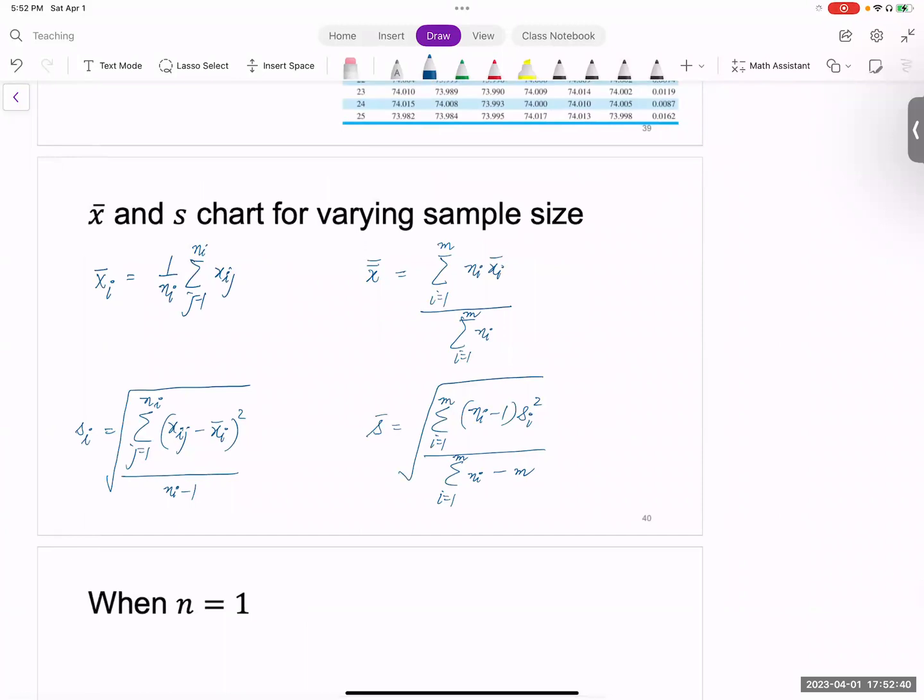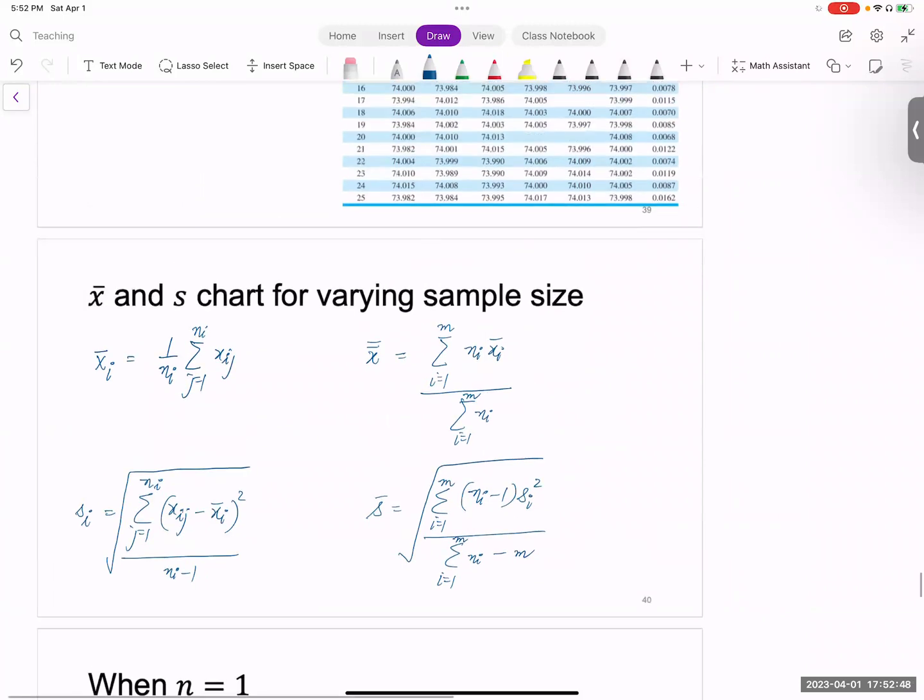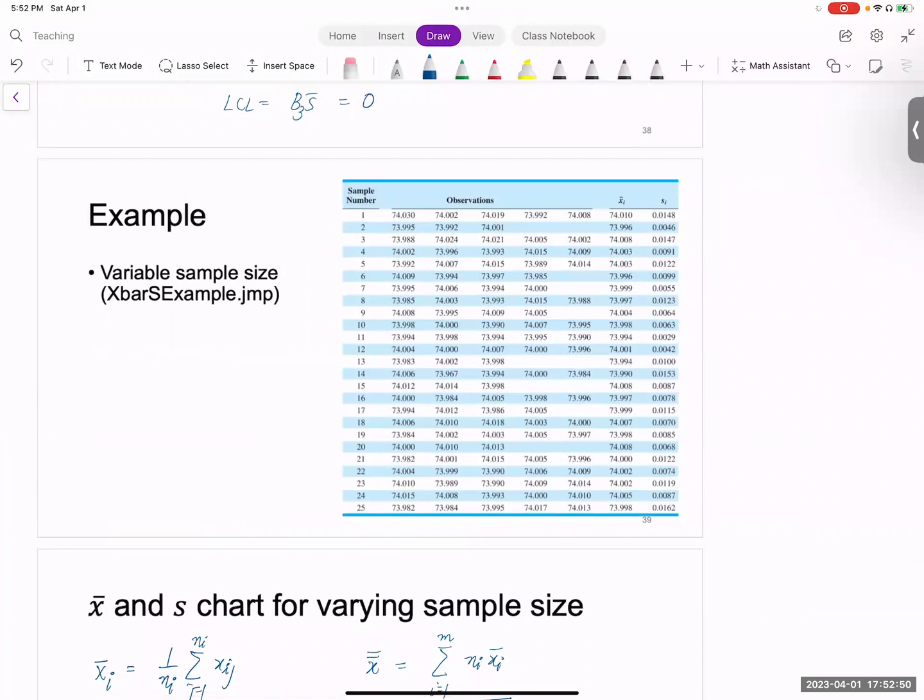That's a little bit of a complicated formula. So I'm going to quickly show you how to compute a couple of values of X double bar and S bar in this example. Let's start with X double bar. For every sample, we have already computed Xi bar.